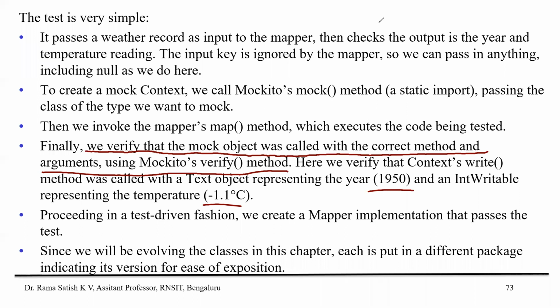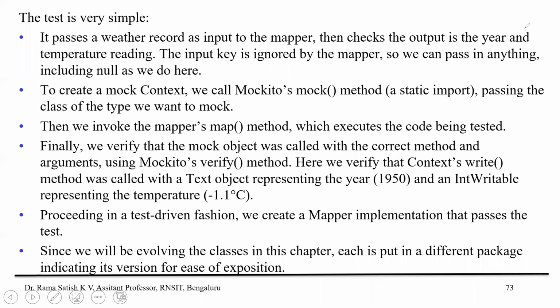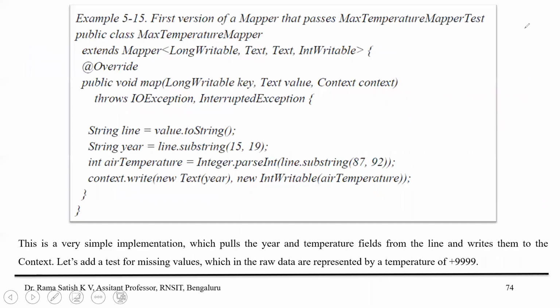Since we will be involving several classes in this particular chapter, each is put in a different package indicating a different version of the example. Of course, we can perform all these testing components like this.